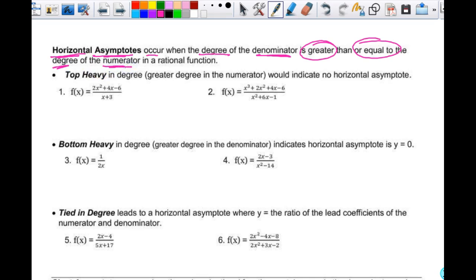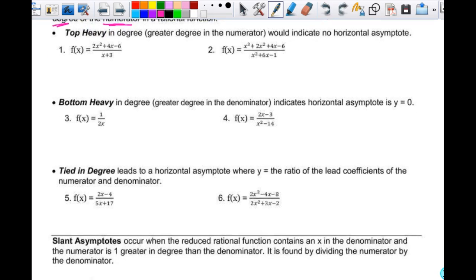So we've got top-heavy, bottom-heavy, and tied in degree. Top-heavy, starting here. Greater in degree in the numerator would indicate no horizontal asymptote. So if you look at this right here, we have degree 2 in the numerator over degree 1 in the denominator. So that would be top-heavy, right? The numerator's degree is higher than the denominator degree.